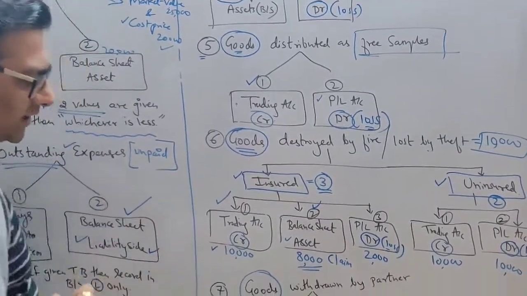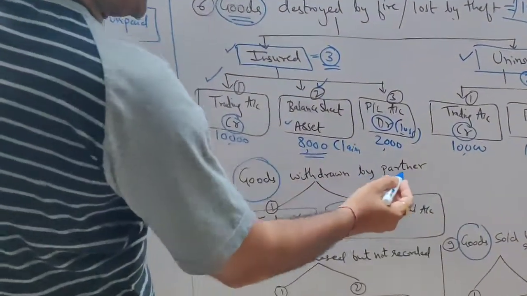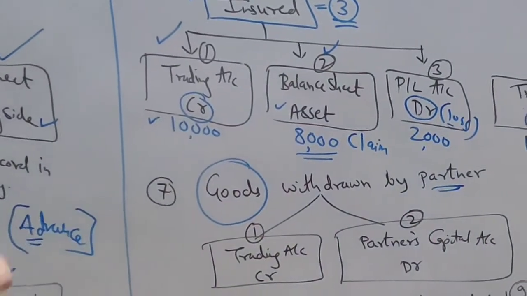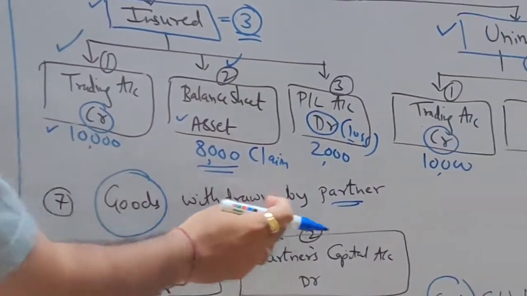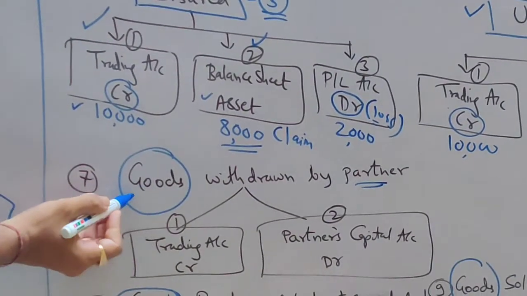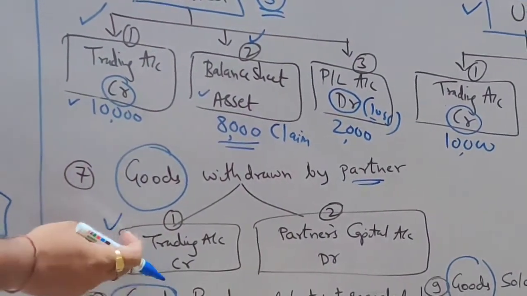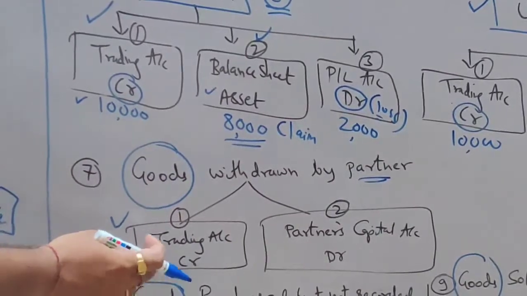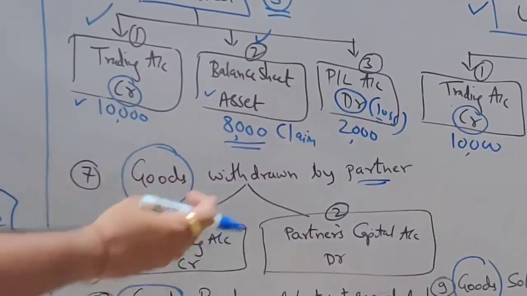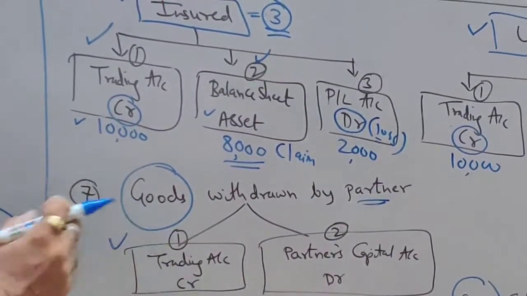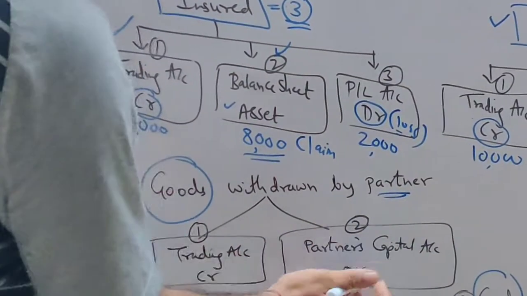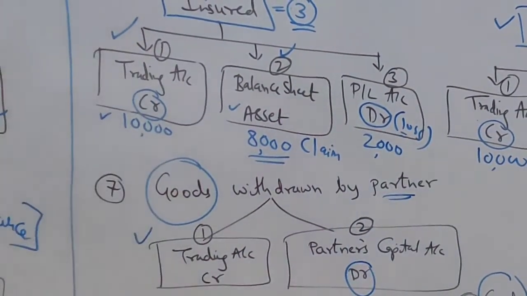Now, the 7th adjustment, goods withdrawn by partner. Since we are doing partnership final accounts, they will say goods withdrawn by partner. The word goods is given, so definitely one effect will go in the trading account credit side. Goods are going out because the partner is taking them away. Second, the partner's capital on the debit side.